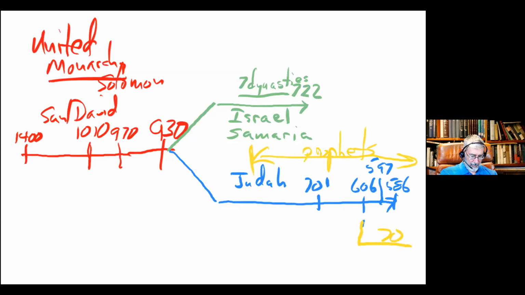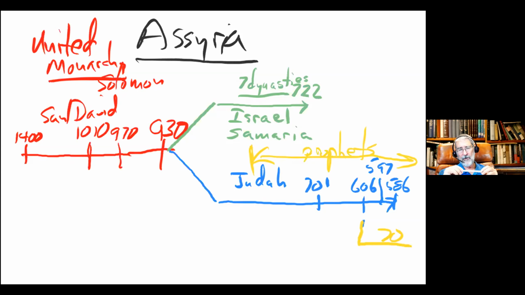Now, while all of this is going on, we need to understand that the big wide world is also doing its thing. And as Solomon was reigning, in the background, we find an empire called Assyria. The Assyrian Empire reigned in northern Mesopotamia and was gradually growing.